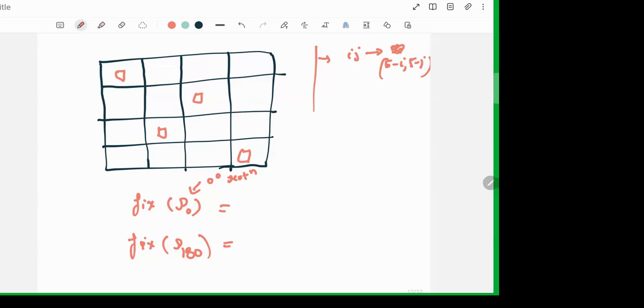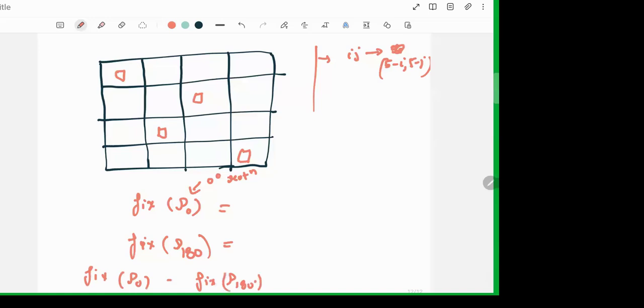What are you saying? Can you say again? I was saying I think we are looking for fix rho 0 minus fix rho 180. So what is that? This is all the rook positions.